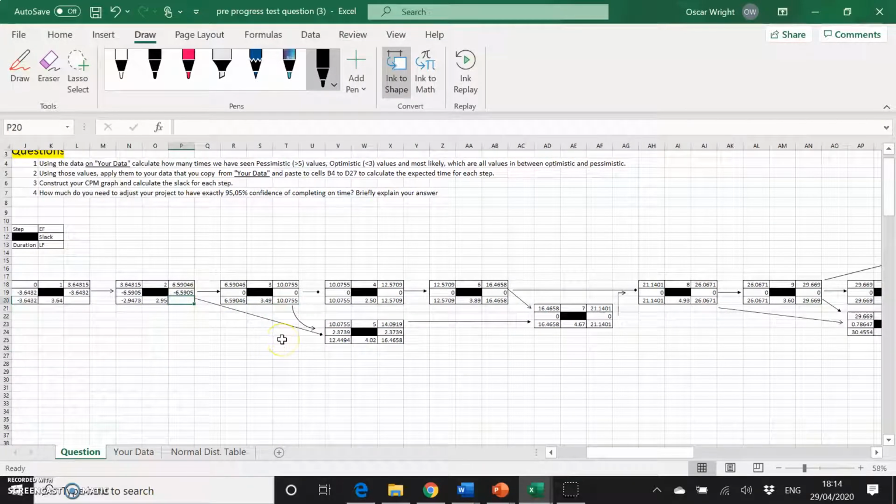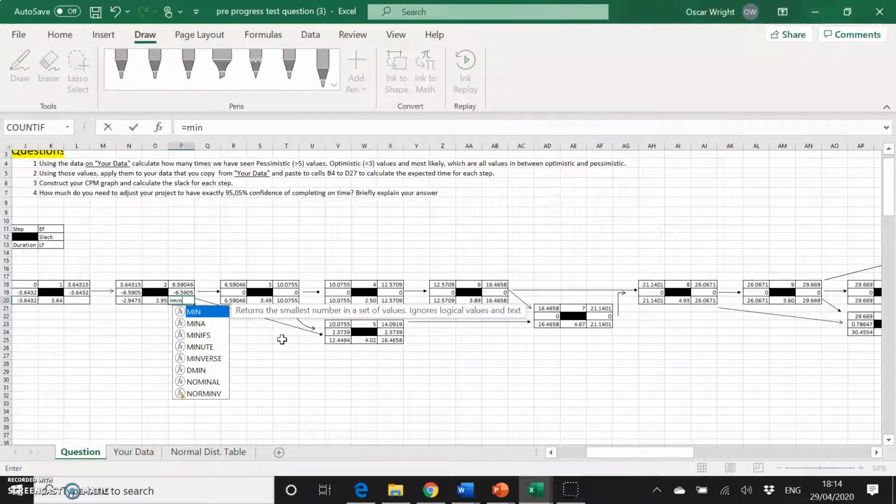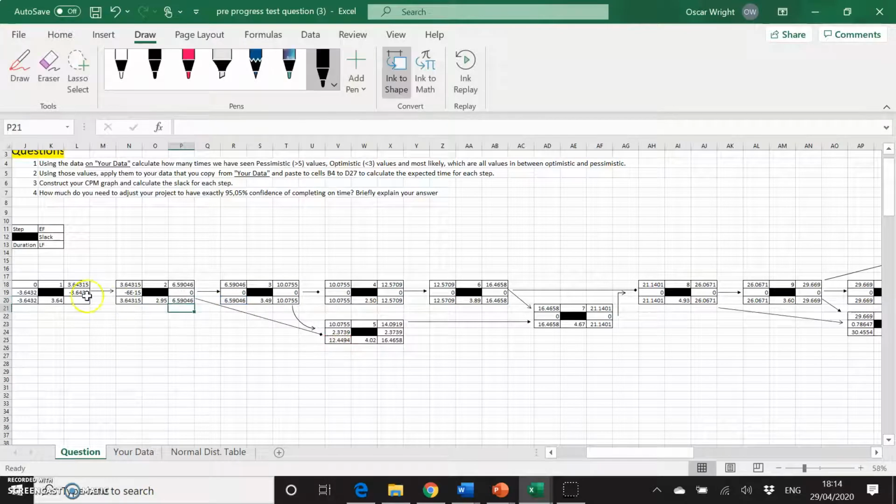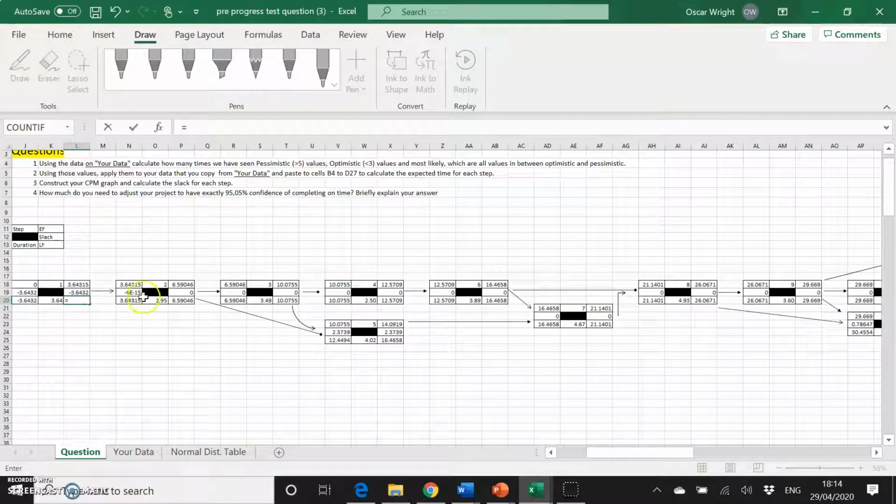Number 2 goes to both 3 and 5, so again that must be the minimum value of 3 and 5's late starts. And finally, the late finish for number 1 must be the late start for number 2.